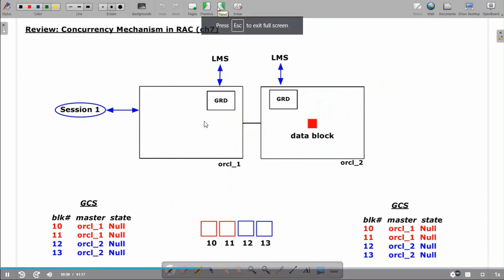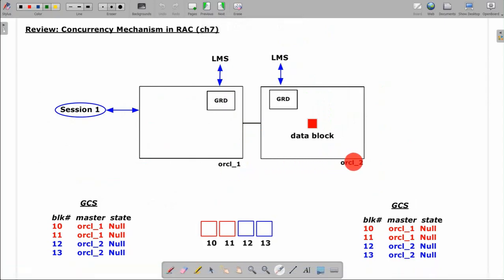I will just review again. This is an example of a two-node cluster, ORCL1 on the left-hand side, ORCL2 on the right-hand side. We also have a global resource directory across instances, as part of the shared pool, where we keep metadata for the global cache service and global enqueue service.